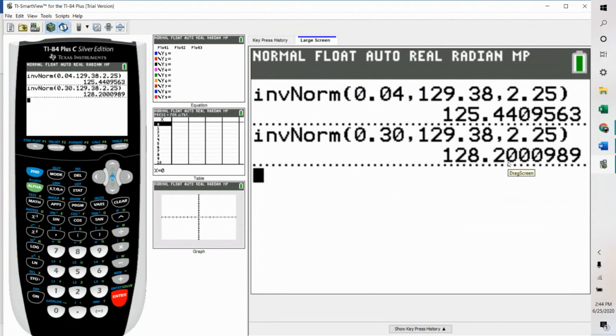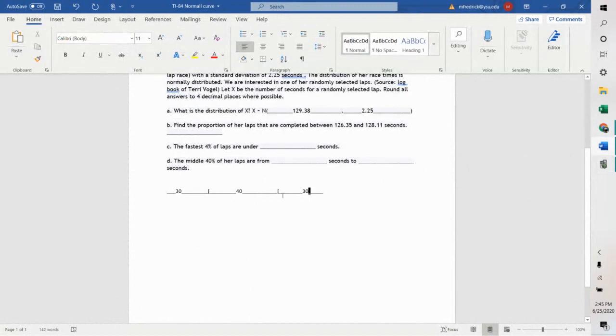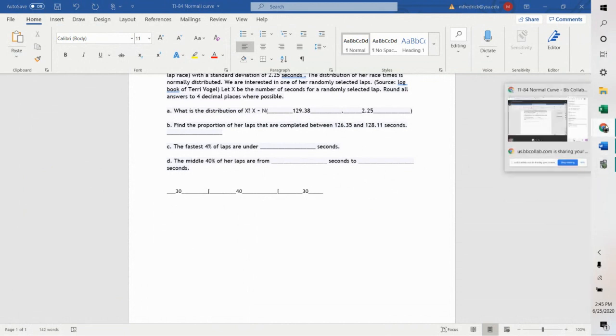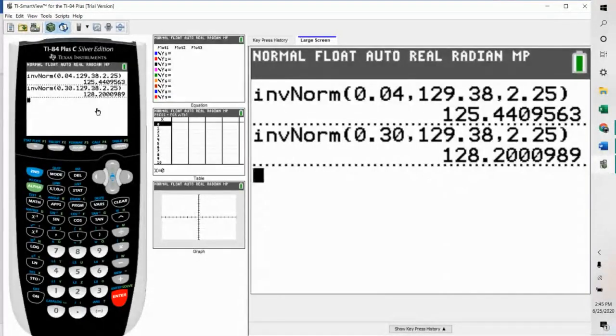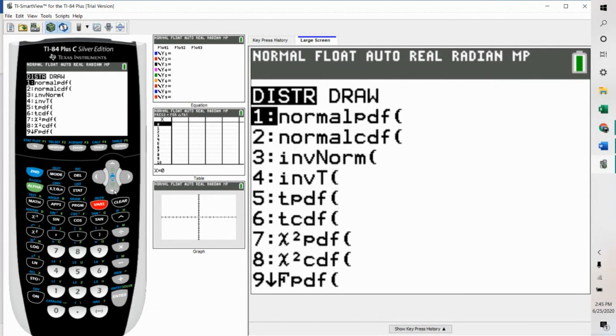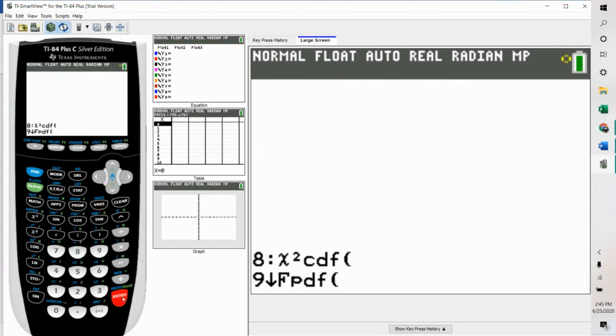To find the other value that the 40% is between, that would be this value. Percentile is 70%. 30 plus 40 is 70. So we would use 70. Calculator. So second distribution down to the inverse of the norm and hit enter.